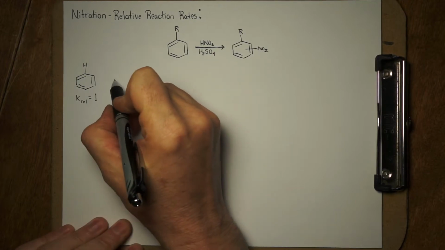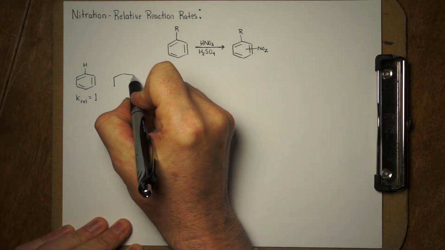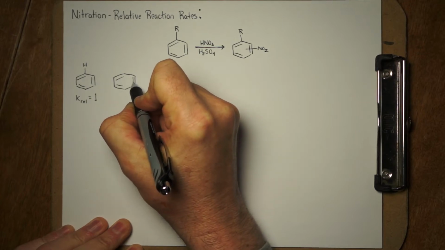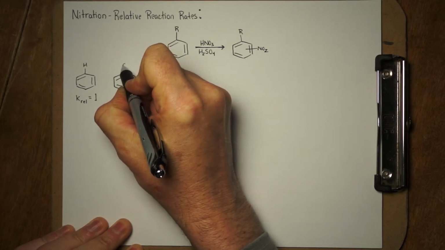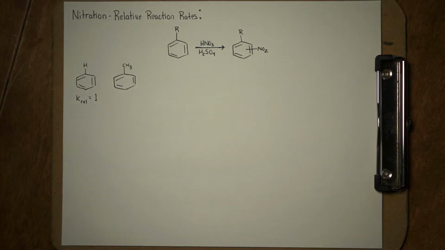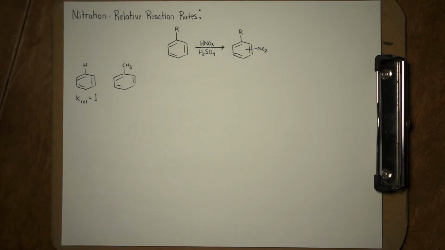All right, so if we look at the consequences of just methyl substitution, if we change that hydrogen to a methyl group, think about what that is going to do to the reaction. So we learned in the previous video that a methyl group is an electron donating group. Remember, donating groups are going to be activating and therefore speed up the reaction.